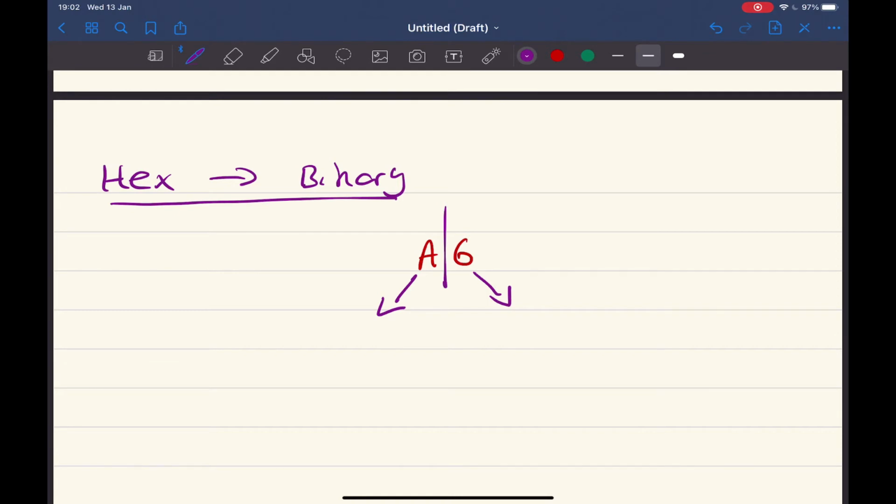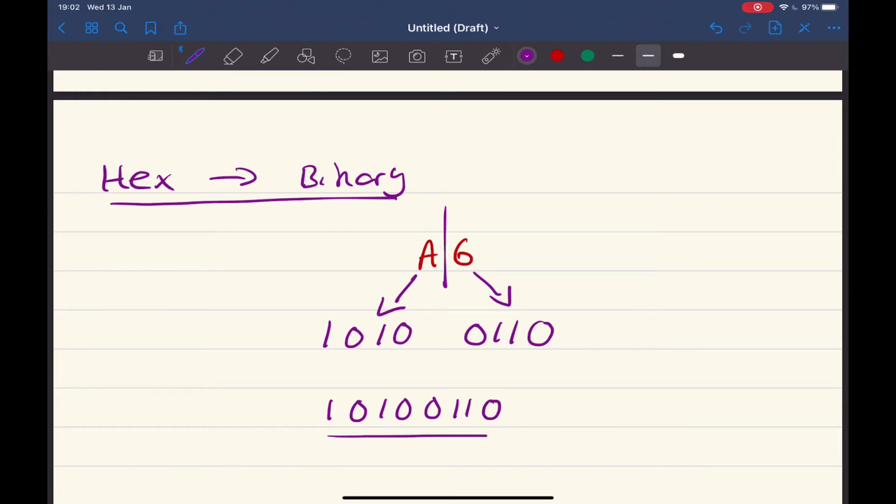So we've got A6. A we know is 10. Therefore we will write that out. 6 we write in binary. So when we put these two numbers together, that makes our whole binary number.